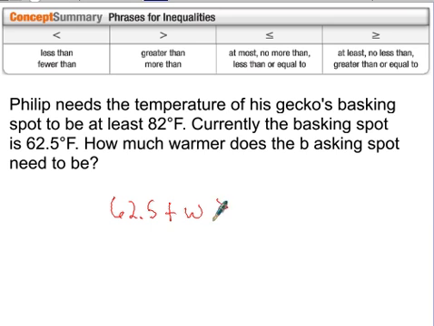Greater than or equal to 82, right? So subtract 62.5, and W is at least 19.5. I need to get at least 19.5 degrees warmer before Mr. Gecko can be happy or survive. Okay?